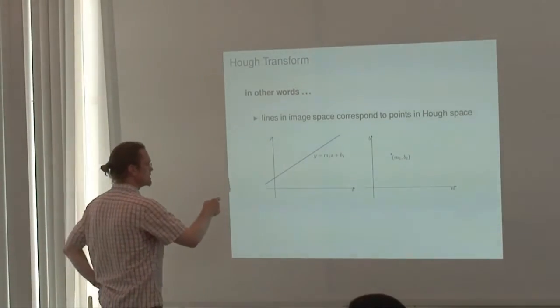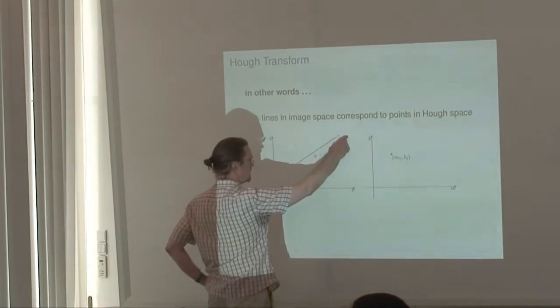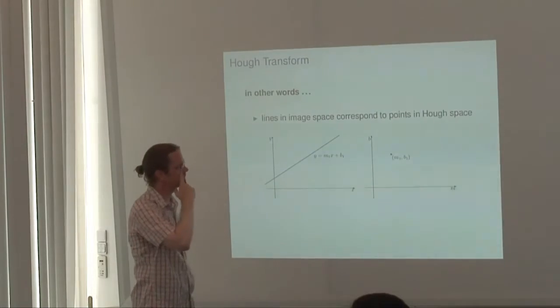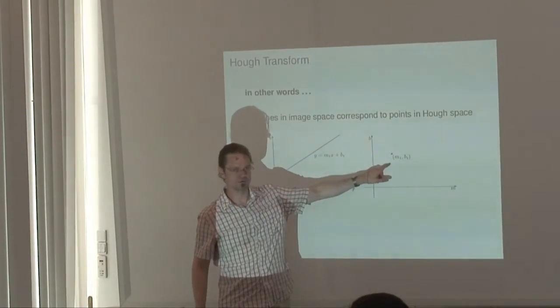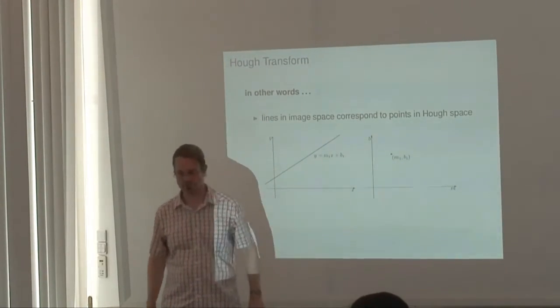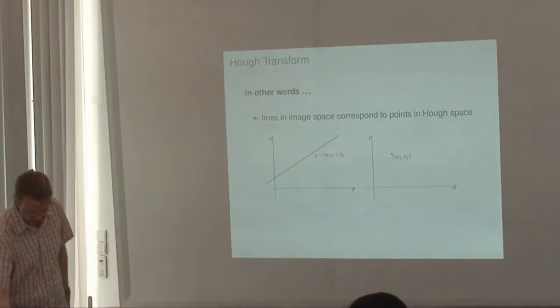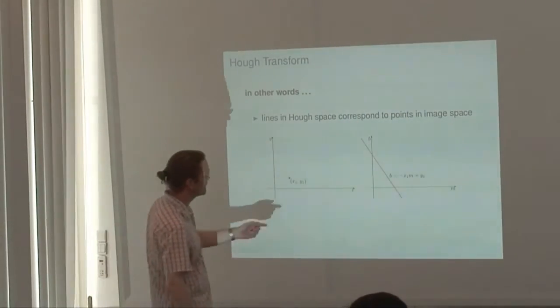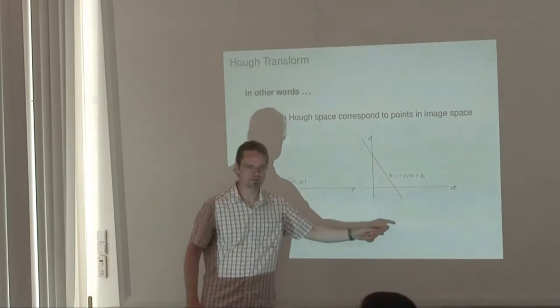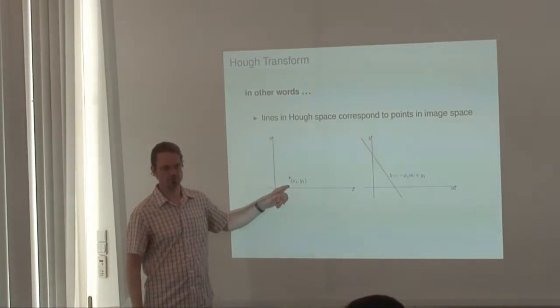In the image space, a line in the image space corresponds to a point in the Hough space. This is very easy for us to see. A line in the Hough space corresponds to a point in the image space. Right?